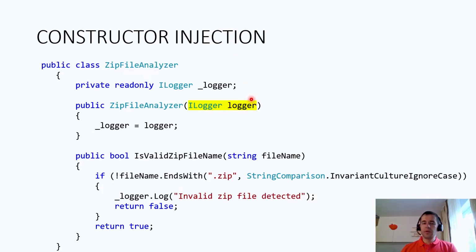How can we use seams? For example, here we see constructor injection. We provide to the constructor an implementation through the ILogger interface. In the case of unit tests, we provide the fake implementation. In the real world scenario, we can provide the real logger.